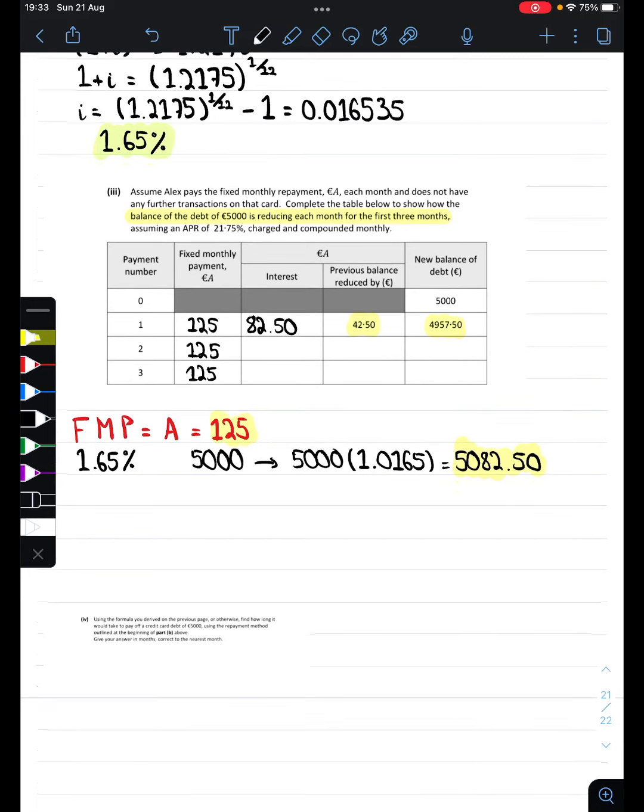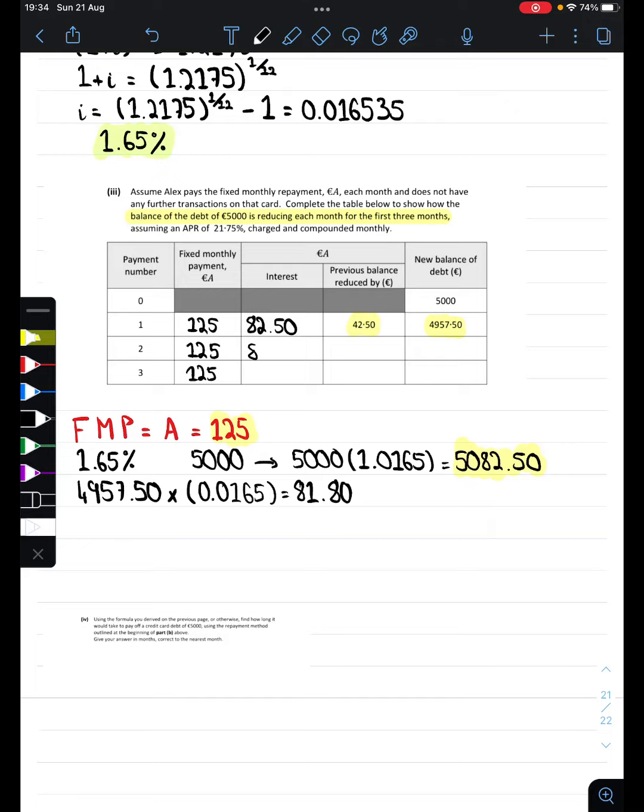So let's continue this now. So the current balance is 4,957.50. So again, it increases by 1.65%. So 4,957.50, well, we can actually just multiply it by 0.0165 to just get the interest, which equals 81.80.